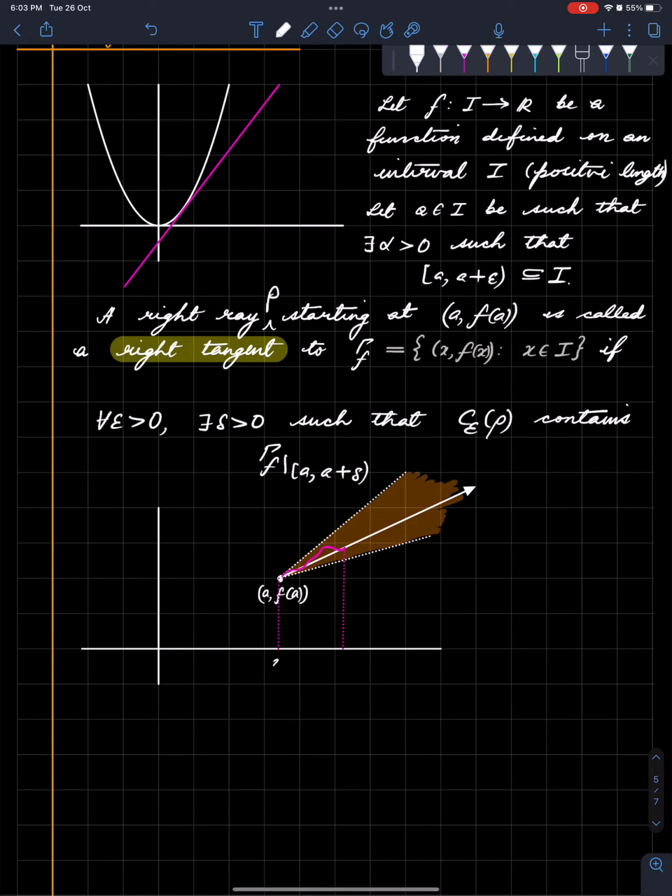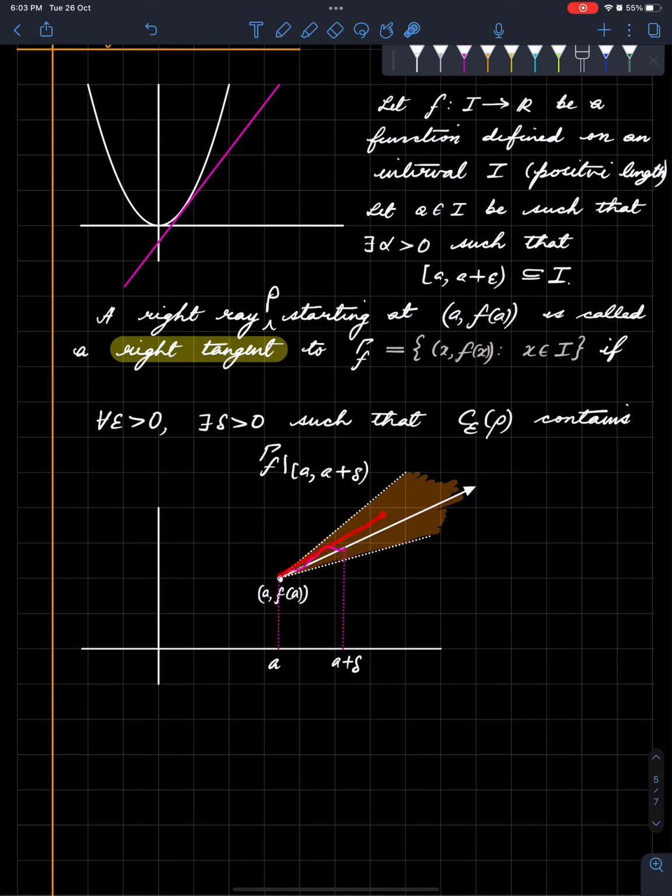So this is a, this is a plus delta. And what we've stipulated is that there is some delta greater than 0 such that the graph of the function above this interval is contained in the epsilon cone.